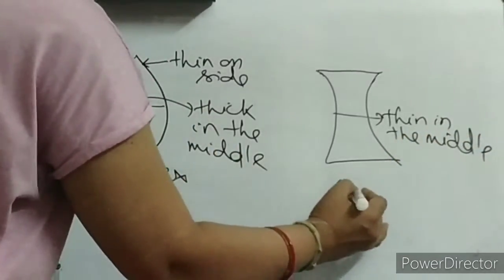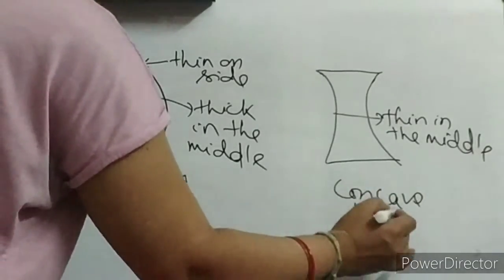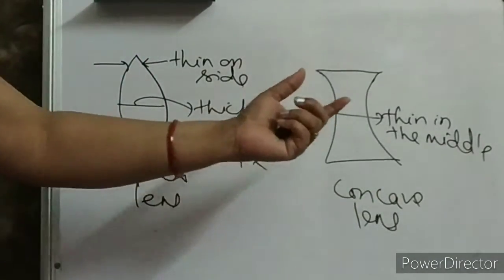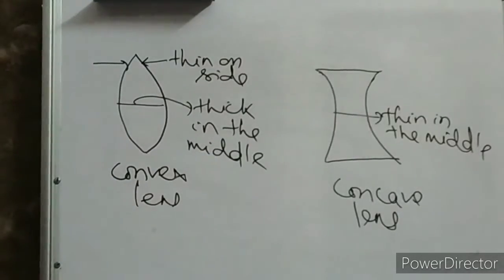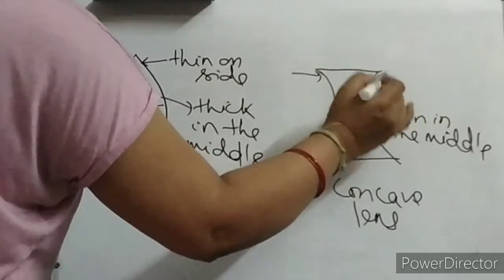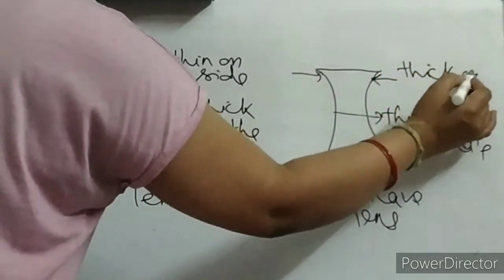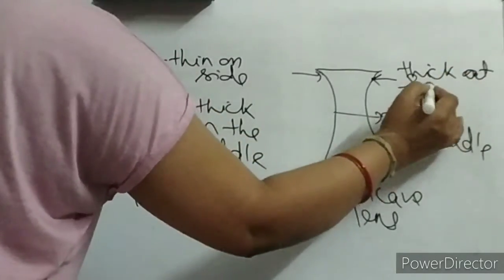This is concave. Clear, children? Easy. Thin in the middle but thick at the edges, or you can say thick at sides.